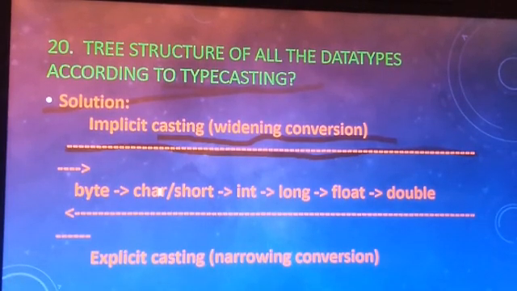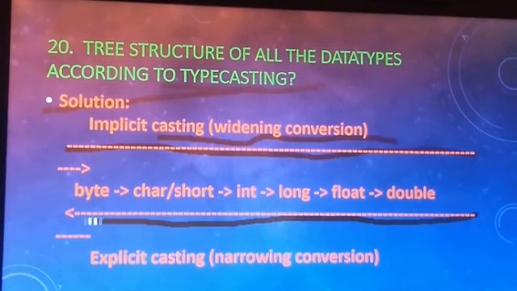Then byte, char, short, int, long, float, double is going lower to higher, and double, float, long, int, short, char, byte in this line represents higher to lower. Explicit casting is narrowing conversion. That's it. In this video we completed the 20 questions on operators in Java.